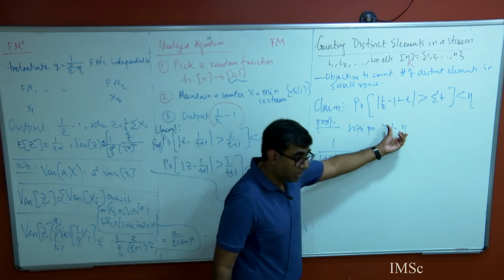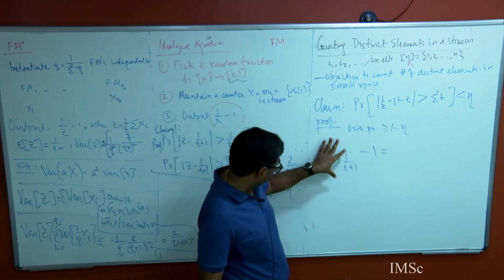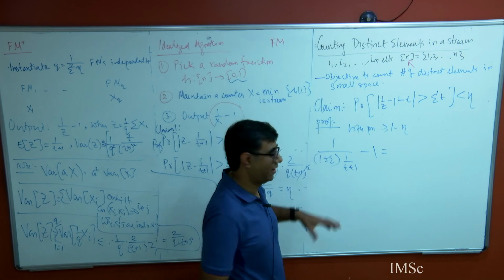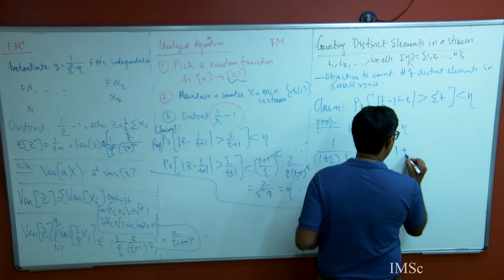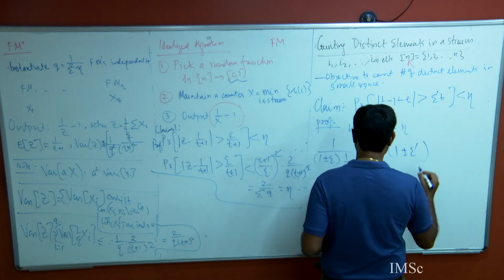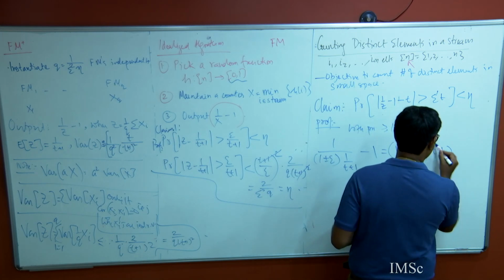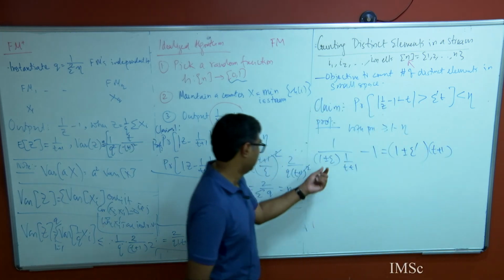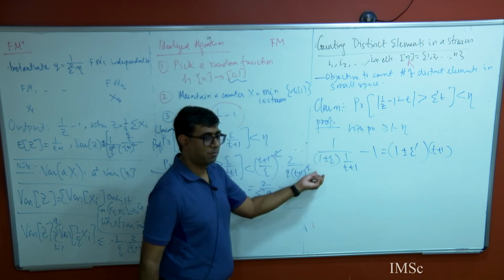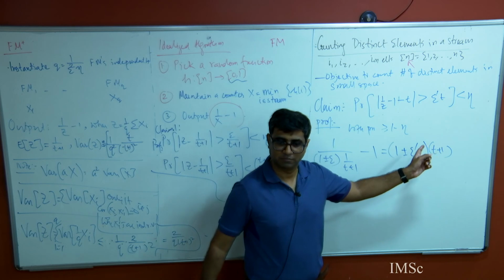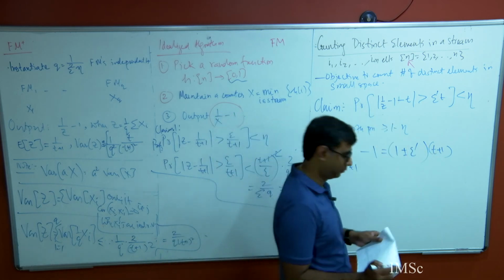So with probability at least 1 minus eta, this is what happens with 1 by t. And 1 by 1 plus epsilon, you can show, is 1 plus minus some epsilon prime times t plus 1. I'm not going to show it, but if epsilon is small, 1 by 1 plus minus epsilon is the same as some 1 plus minus epsilon prime for sufficiently small epsilon prime.